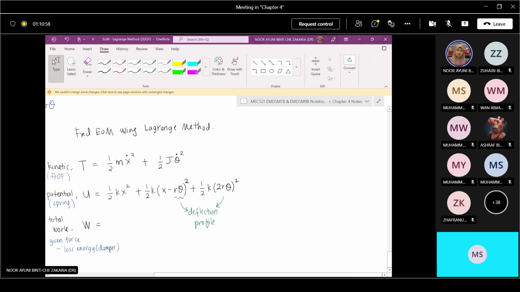Saya letak sini memo. We use arc theta or 2 arc theta because x is main or the action force.